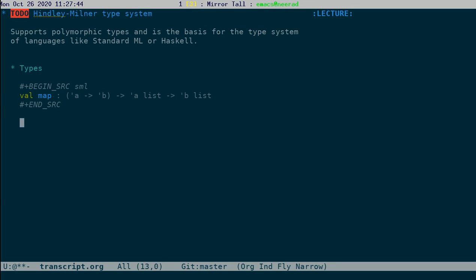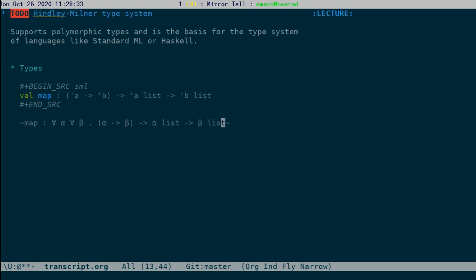How do we make this explicit? In our context, we will say map has type for all alpha, for all beta, alpha arrow beta, dot, arrow alpha list to beta list.